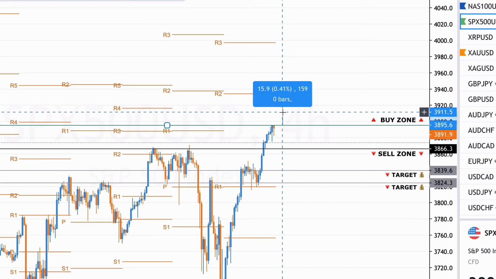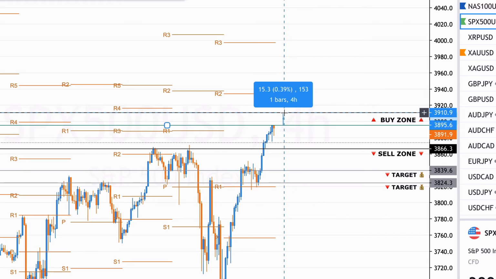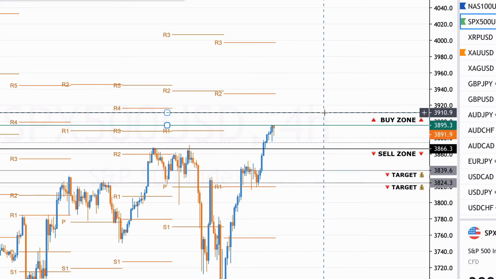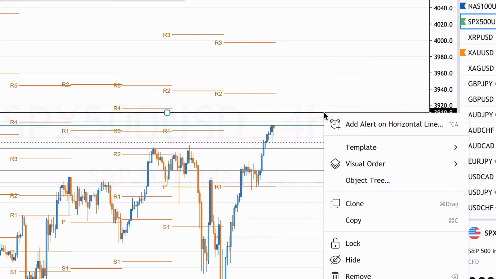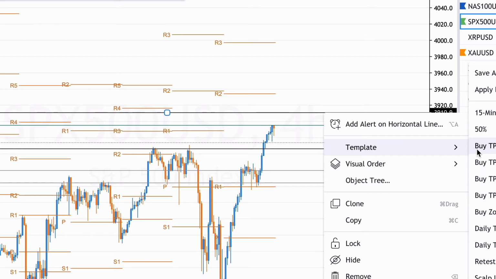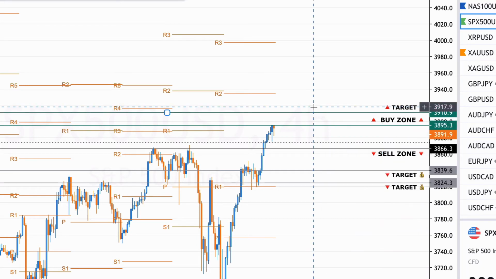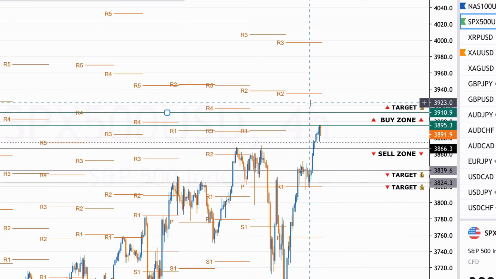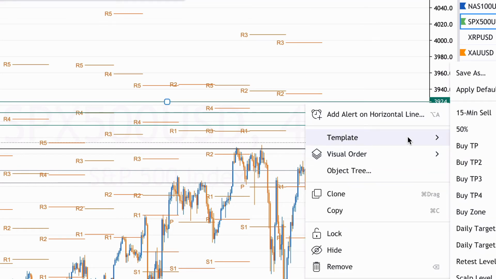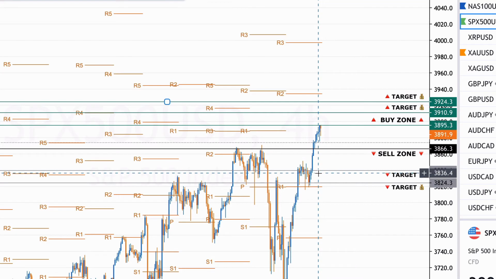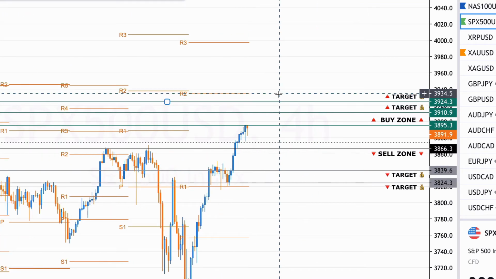That's good for SPX. SPX does not move like a NAS or a US30. So 10 pips, which is equivalent to 100 pips on Forex, is good. Although it has been moving more aggressively as of late.